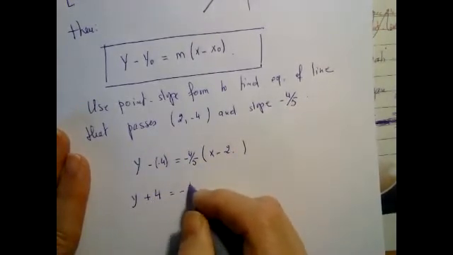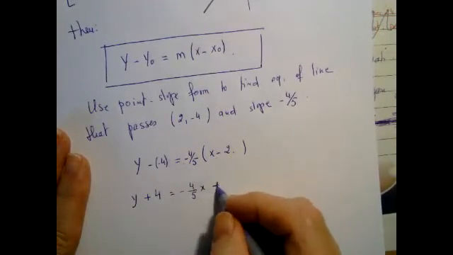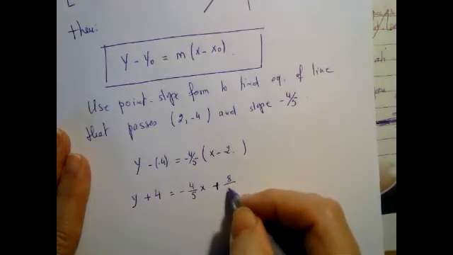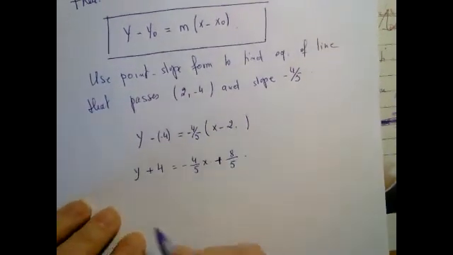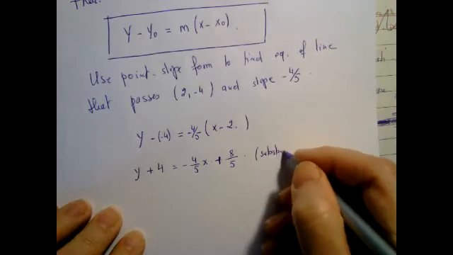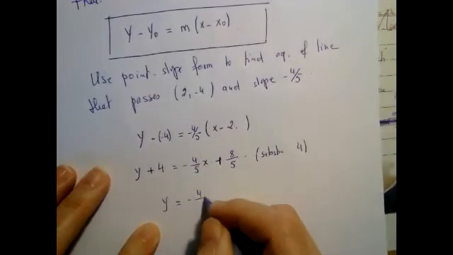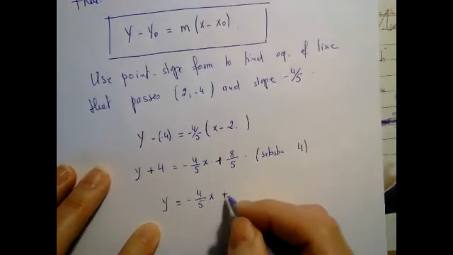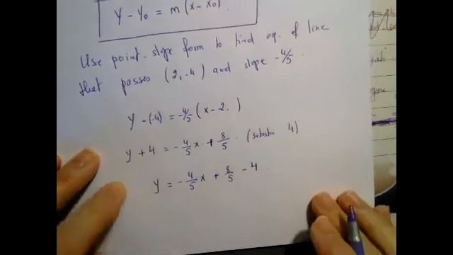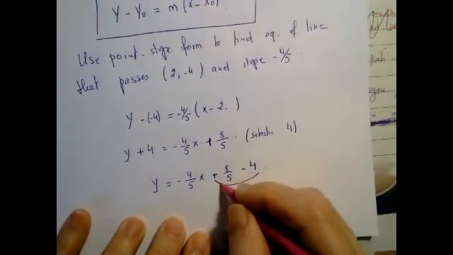Now I distribute. Minus times minus, it's a plus. 4/5 multiplied by 2 will give me 8/5. And then now I subtract 4, so I can write it in the regular format that you are used to. So this is -4/5 x plus 8 over 5 minus 4. Now at this stage, we have to find a common denominator so we can combine those two terms.